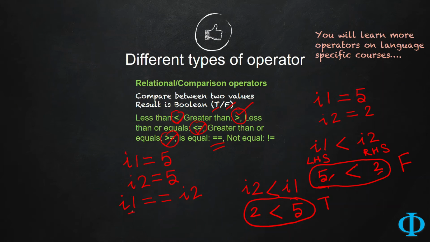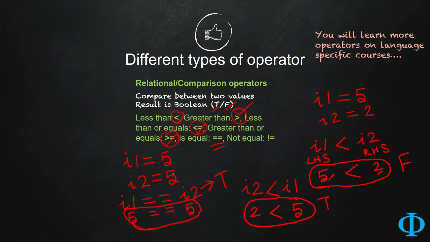It will check whether the value of I1 is actually equal to the value of I2 or not. In this case, both of their values are 5, which means they are equal to each other, and that is why this expression will return true.